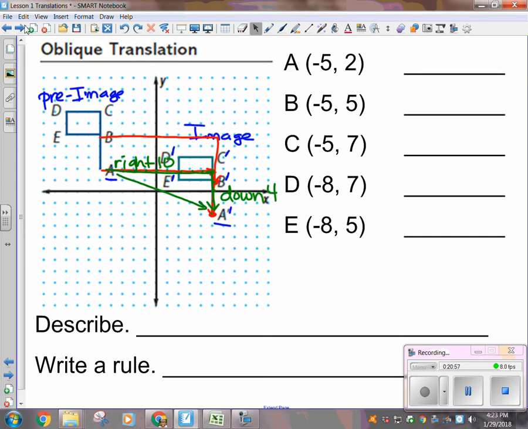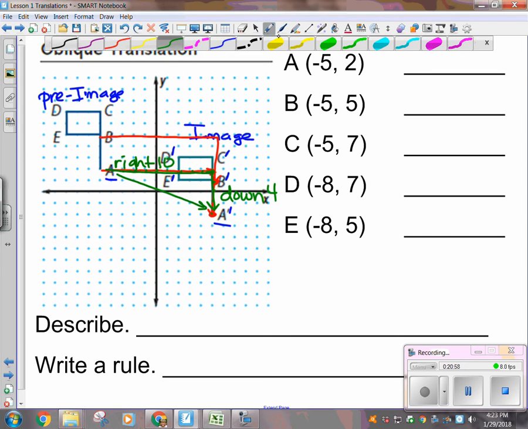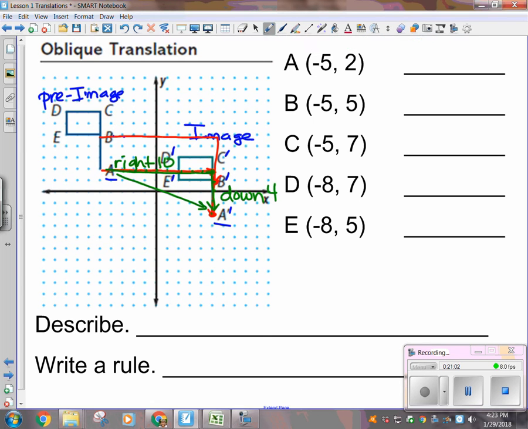Now, do I do the same thing every time? I think so. So if I go from B and count 1, 2, 3, 4, 5, 6, 7, 8, 9, 10, and guess what? Down 1, 2, 3, 4. Boom. Again, right 10 and down 4.